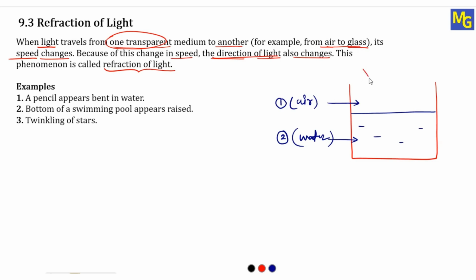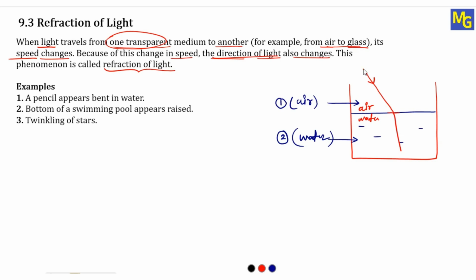The light is coming like this, and once it hits the boundary of air and water, which is this blue line, the boundary between these two media, and enters the next medium, that is water, the direction of the light changes.